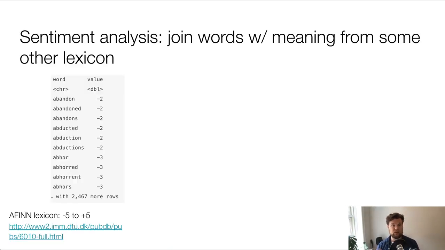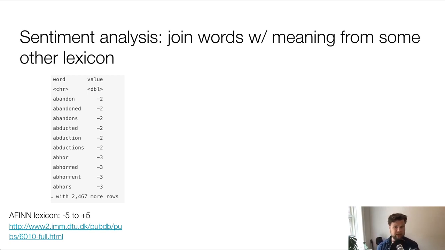I mentioned that you might also want to do something akin to sentiment analysis. Sentiment analysis is when we try to say something automatically about the kinds of emotions or level of emotion being expressed in different texts. The way that is often done is by having some sort of lexicon of the emotional valence of different words.